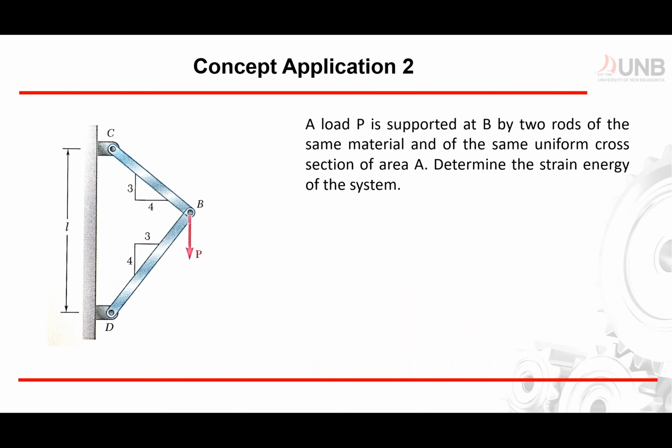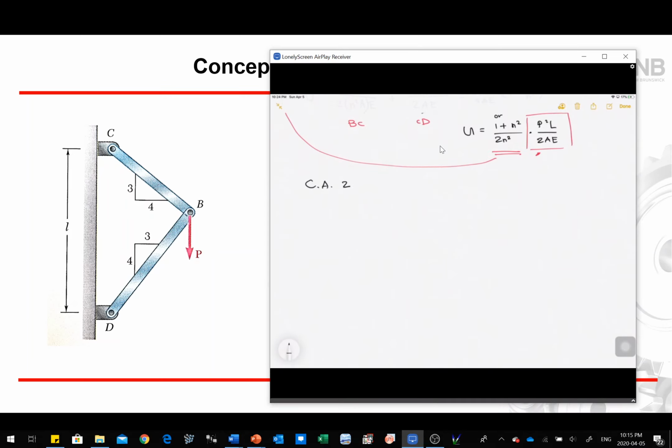A load P is supported at B by 2 rods of the same material and of the same uniform cross section A. Determine the strain energy of the system. So we're talking about the whole system right here. For concept application number 2, again, our objective is to find our strain energy U, which we don't know at the moment.